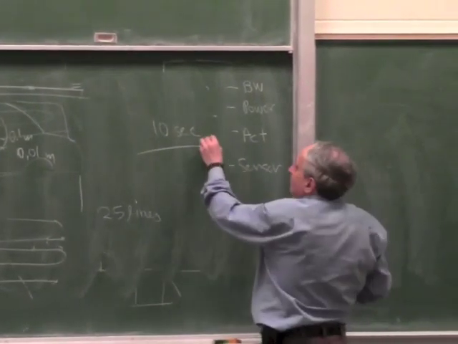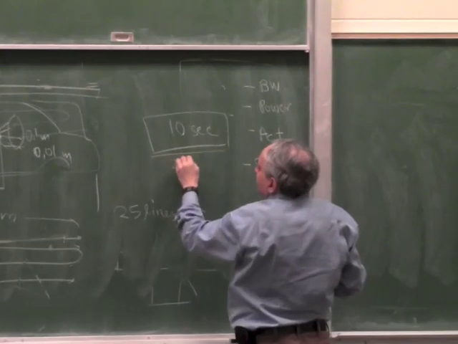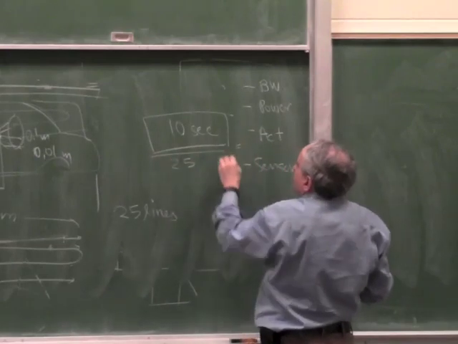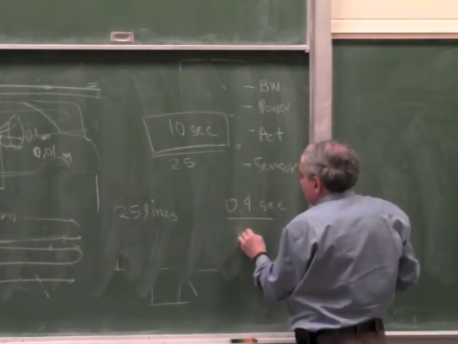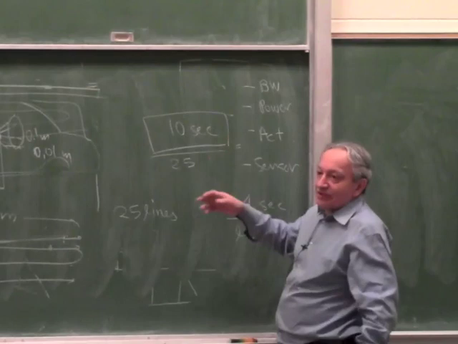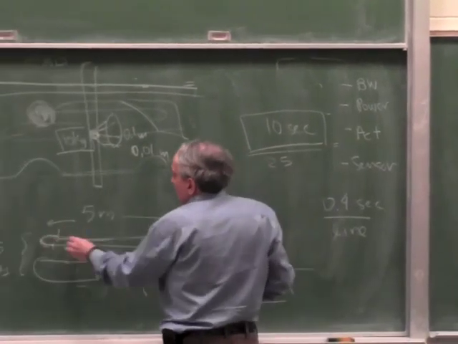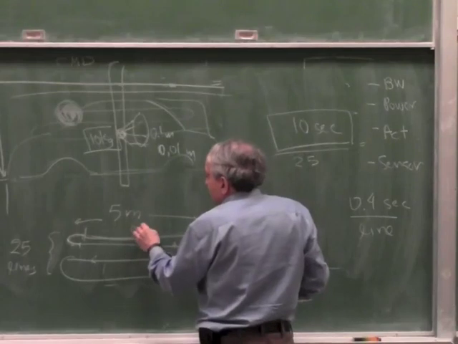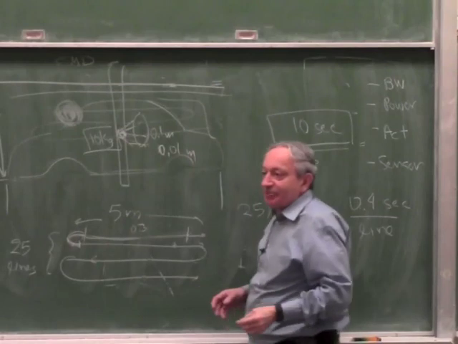So the time per line would be 0.4 seconds. I take 10 seconds, divide by 25 lines, and get 0.4 seconds per line. Now I arbitrarily decide that this will be, say, 0.3 seconds, and the reversal will be 0.1 second. But any other value would be accepted.